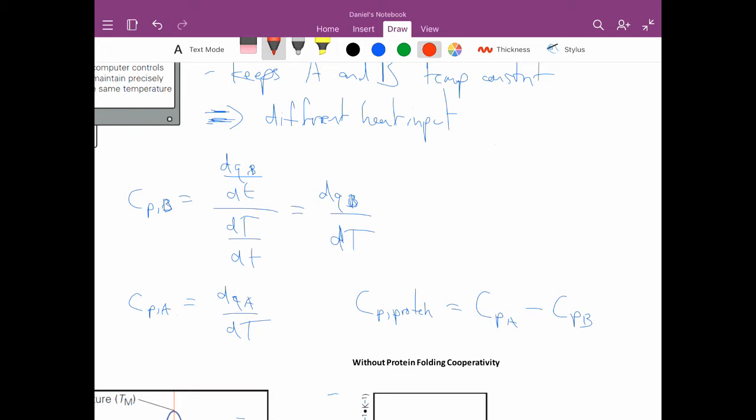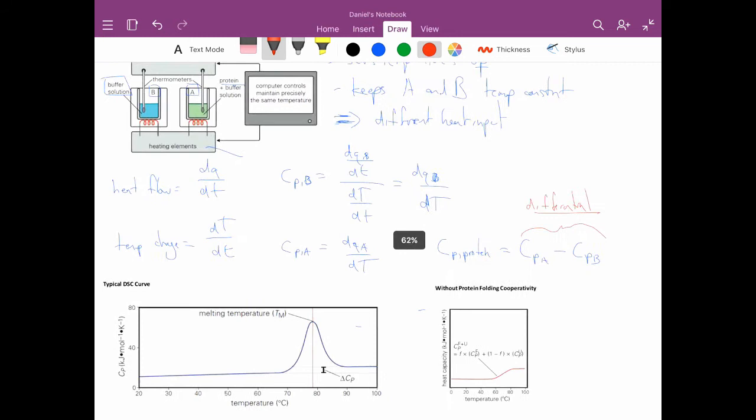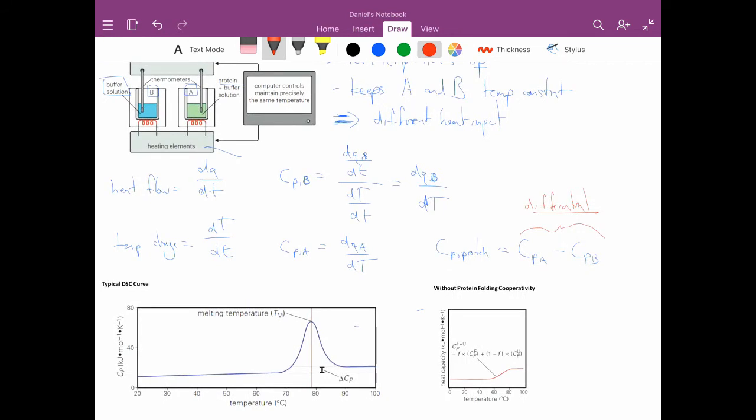And this is the source of the name differential, because it's actually calculating the difference in the two heat capacities of the solutions. And an interesting point about this is that it includes solvent effects, which are very important to proteins because they are always in a solvent in biological systems.